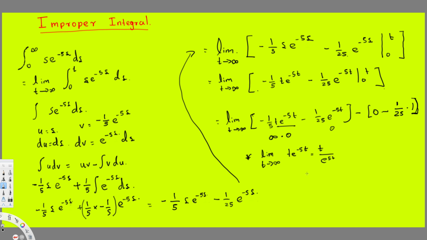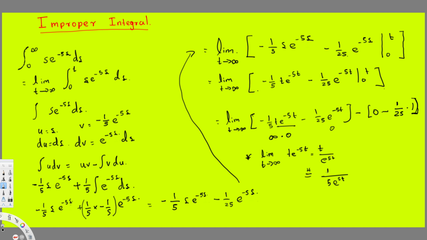I can apply the L'Hopital rule, right? I have to find the derivative of this one. In the top, the derivative is just 1, and in the bottom, the outside derivative is e power 5t, and the inside derivative is 5. So 5 is going to be in front, 5 e power 5t.